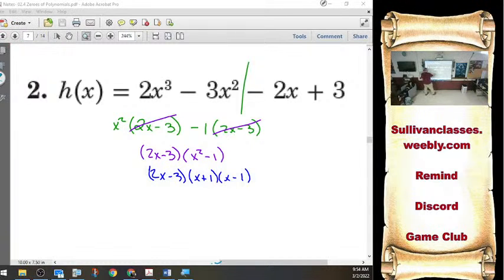Then set them equal to 0 and solve: 3 halves, plus or minus 1. So this is just reviewing different types from Algebra 1 or 2.